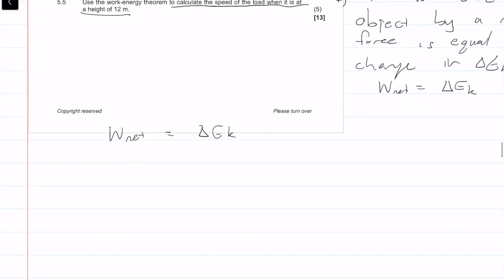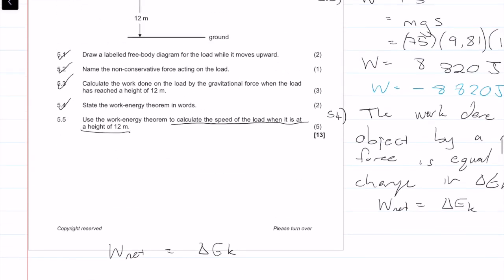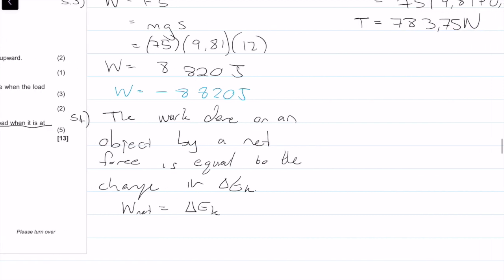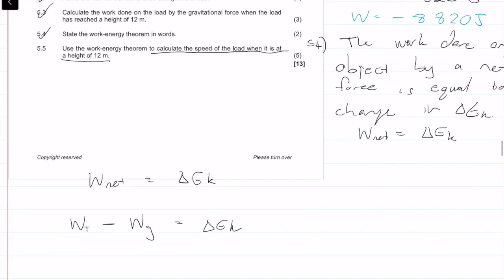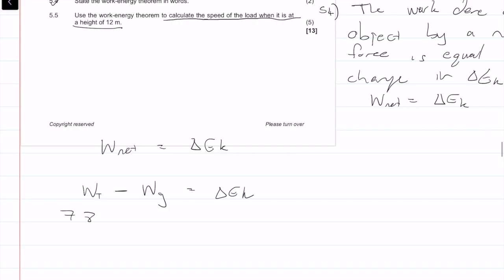Now we know what our tensile force is, so we can say that our work net is equal to our work of tension minus the work of gravity, which is equal to our delta EK. So work of tension is going to be equal to 783.75, which is what we calculated.